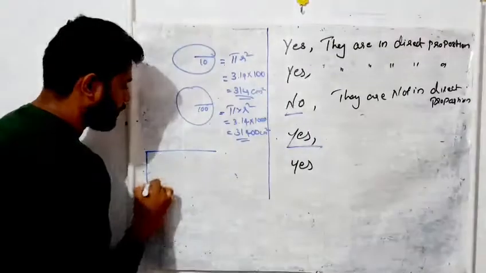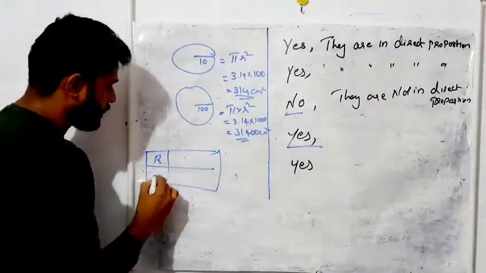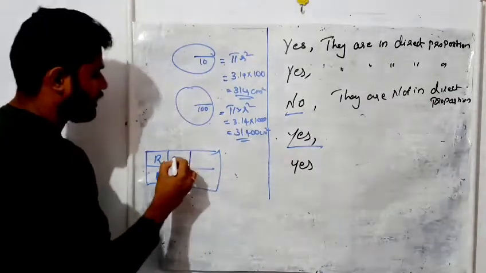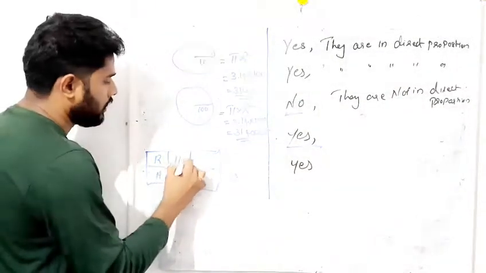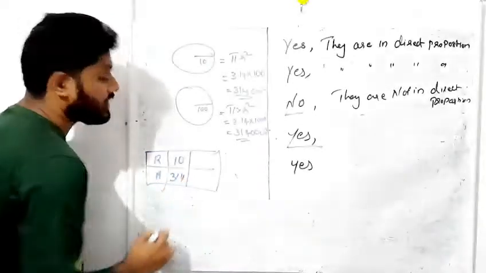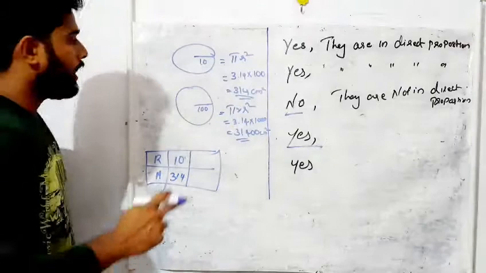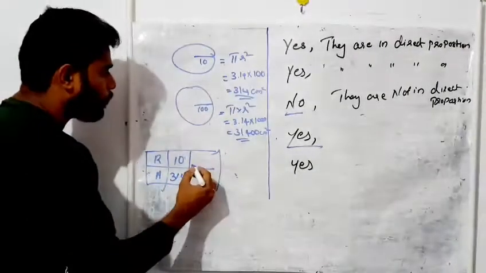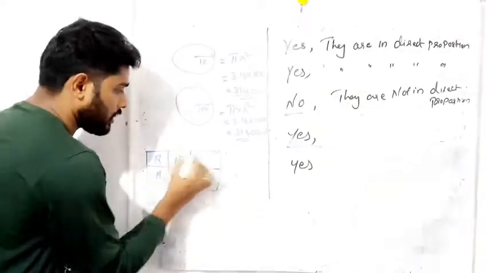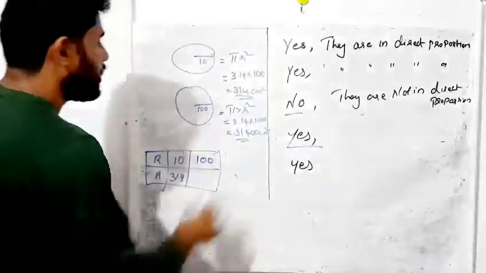I will draw the table here. This is radius and this is area. First circle, the radius was 10. At the same time, 314 is the area. And next circle, what is the radius? It is increased from 10 to 100.